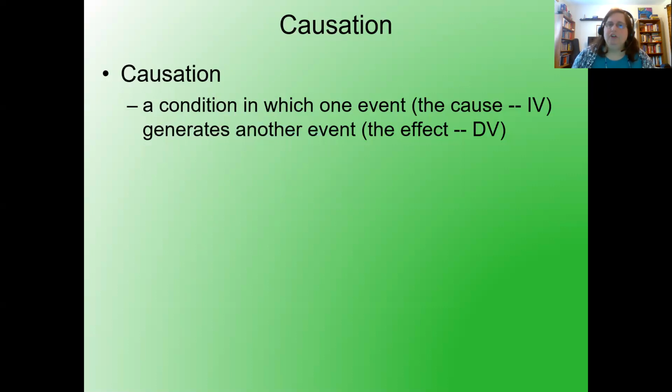I've introduced an extraneous or confounding variable in this case, where people's choice maybe relates to blood pressure. Maybe those who chose to take the garlic pill are also motivated in other ways to lower their blood pressure and are doing other things. Okay. So that's a little bit about causation.